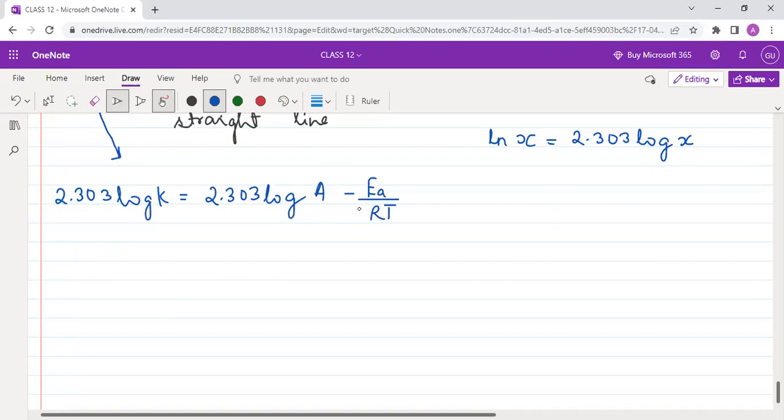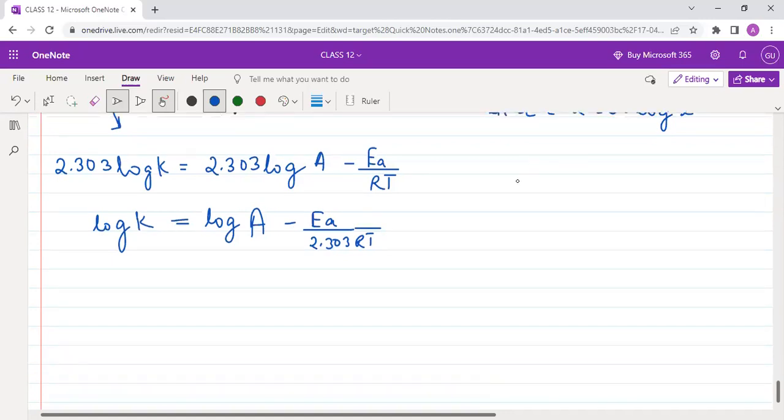It will be log k, because 2.303 will get cancelled. Here it will become log A minus Ea by 2.303 RT. Is it clear? You just had to divide.